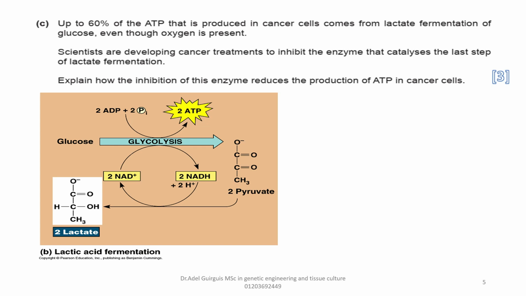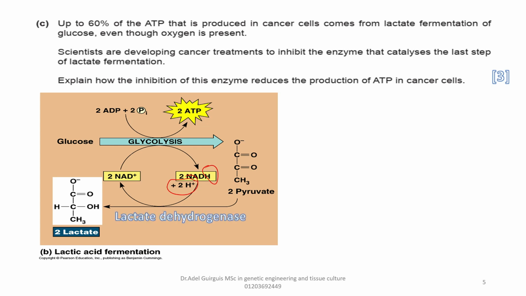Here pyruvate needs to be reduced by hydrogen carried by NADH, 2 NADH. Pyruvate uses hydrogen carried by the coenzyme reduced NAD. This hydrogen is released from the 2 NADH by an enzyme called lactate dehydrogenase.